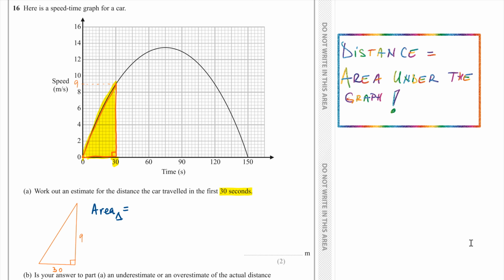The area of the triangle is base times height times half. 30 times 9 times half. This is 135. One way of thinking of the area unit of a speed time graph is by doing meter per second times second, and that is equal to meters. So the answer is 135 meters.